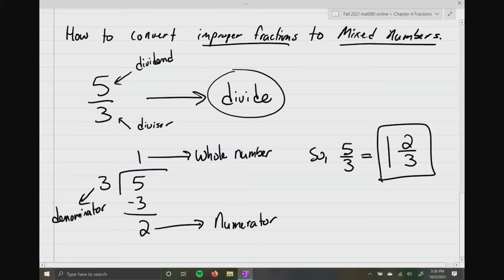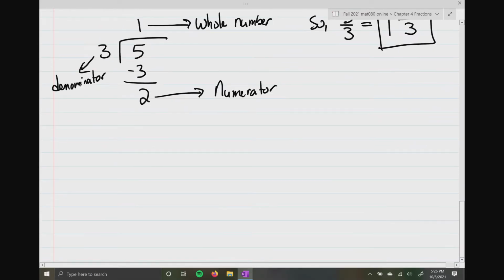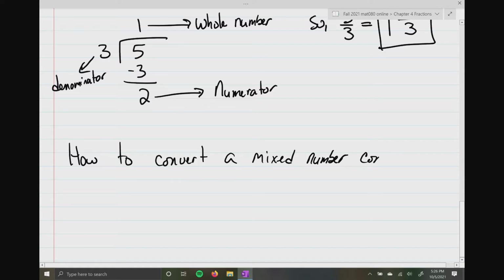Okay? So now I'm going to show you how to do this the opposite way. I'm going to show you how to take a mixed fraction or a mixed number and convert to an improper fraction.